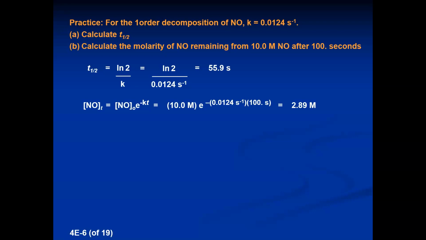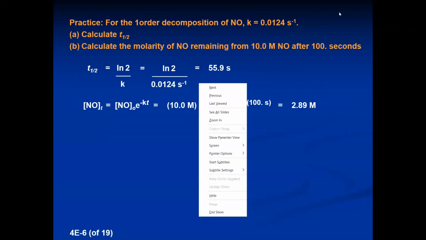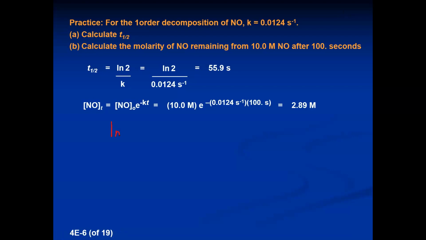So what I did was I rearranged this equation. Hold on, let me write the equation for you.